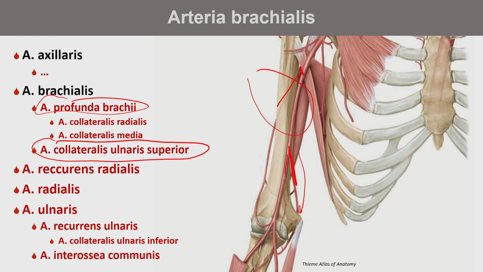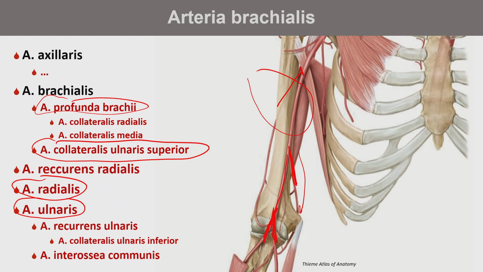Then the brachial artery is going to the cubital fossa and there is bifurcated. The bifurcation is to the arteries which are called radial and ulnar. And it's very easy to understand, on the radial part of the forearm we have the radial artery and the ulnar artery.